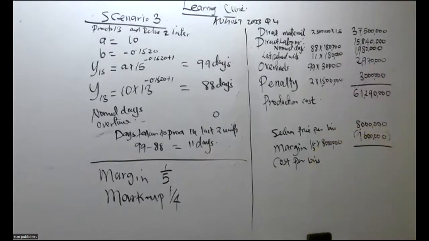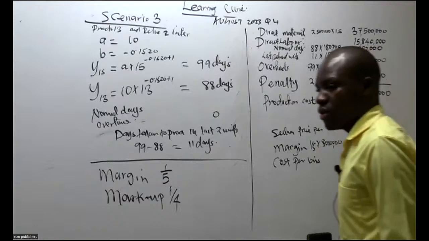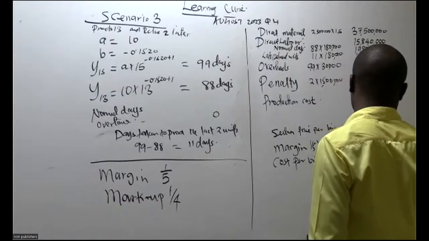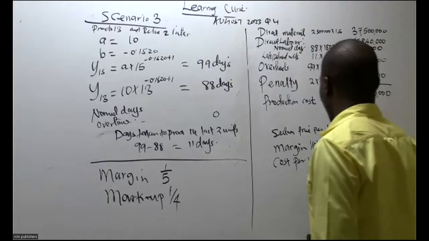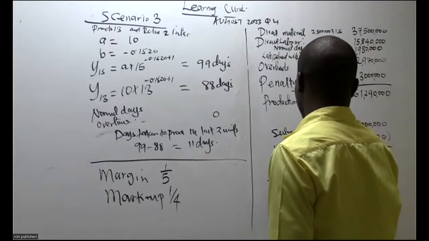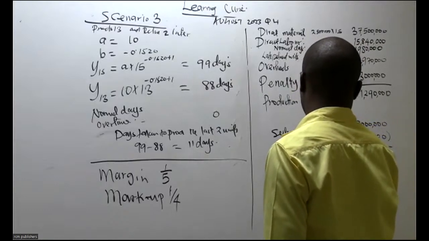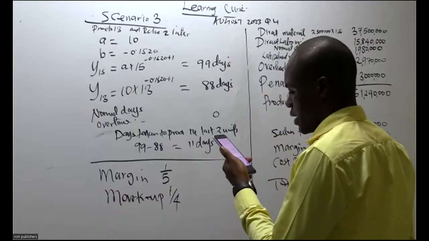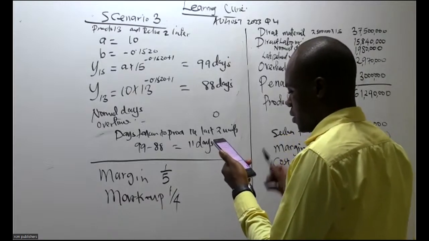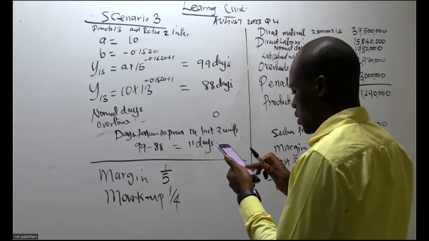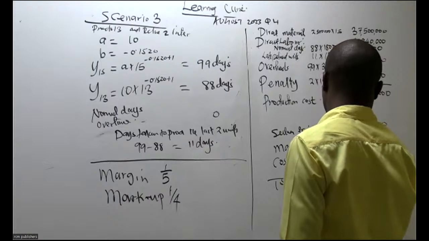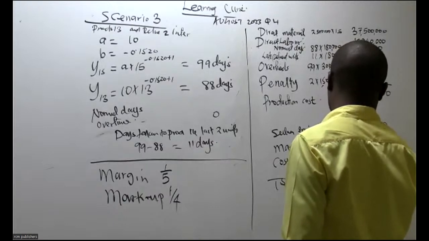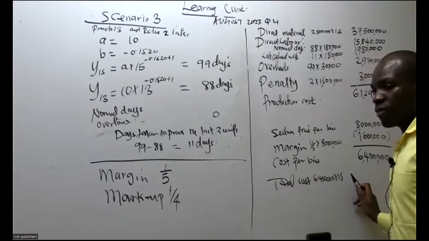Cost per bus unapata ngapi? Unapata 6,400,000. Now, one bus total cost, or what is the question there? Yes. So total cost itakuwa 6,400,000 by 15. Tutakuwa na ngapi hapa?